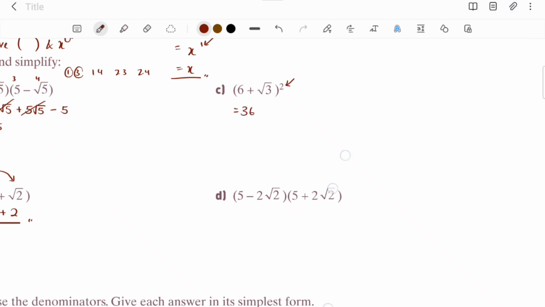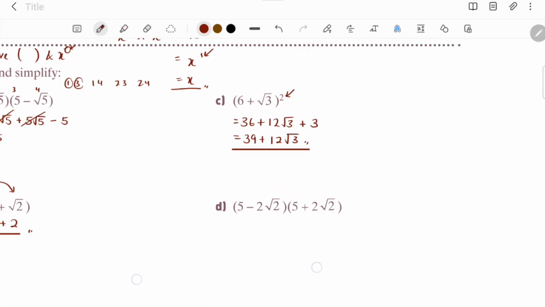And then 6 times surd 3 times 2, so you will get plus 12 surd 3, plus surd 3 times surd 3, you will get 3. Further simplify it, 36 plus 3, 39 plus 12 surd 3. This one will be our final answer.